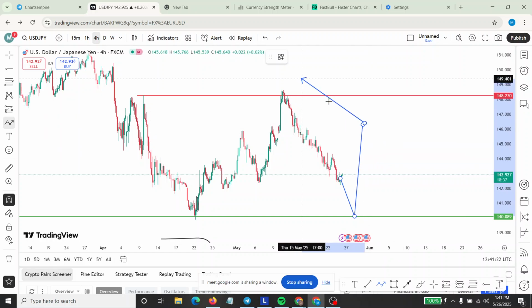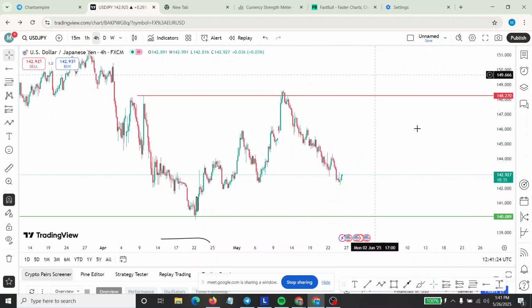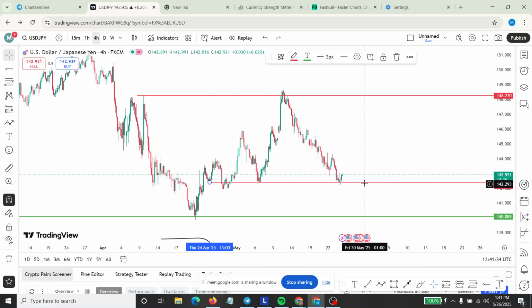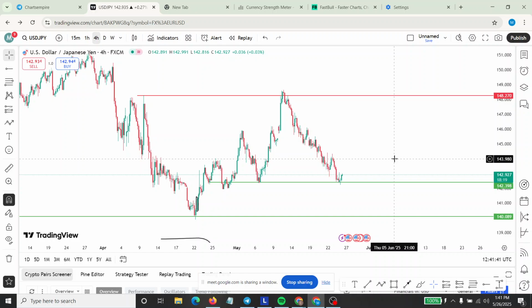But if you ask me, before the price can come down all the way to this major support, there is also a minor support here. Can someone tell me why I identify this as a minor support as well? Why do I identify this as a minor support?